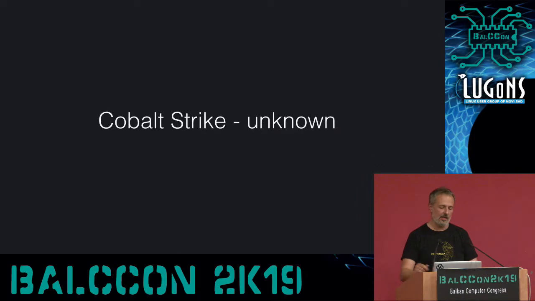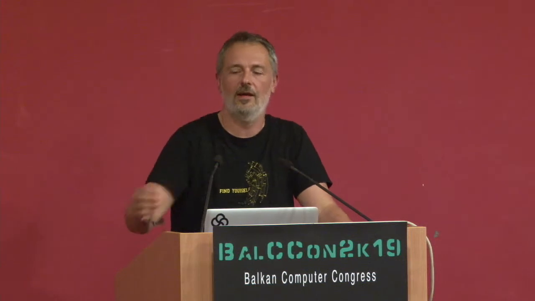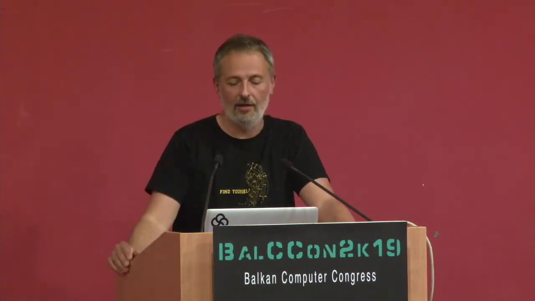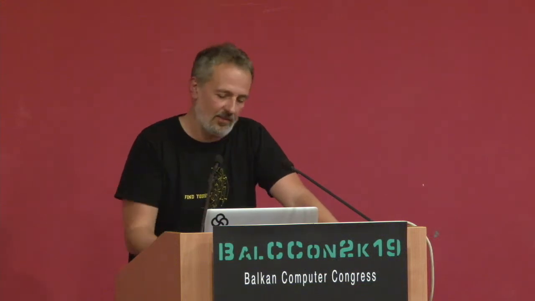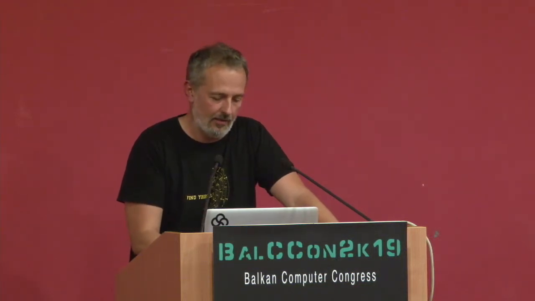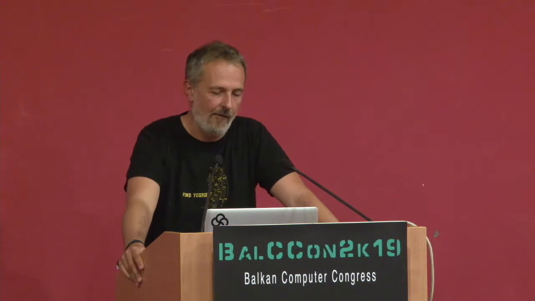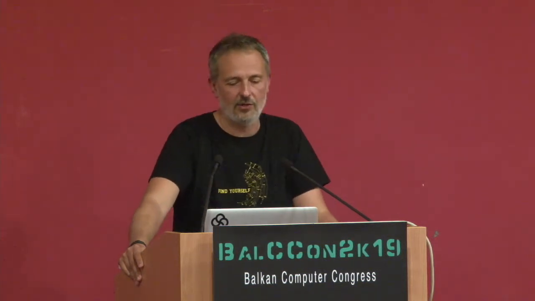The second case is Cobalt Strike, which is another framework that's almost as often used as Metasploit for post-compromise. Once we have systems running and infected, we can install Cobalt Strike, and then it's used for post-exploitation techniques.